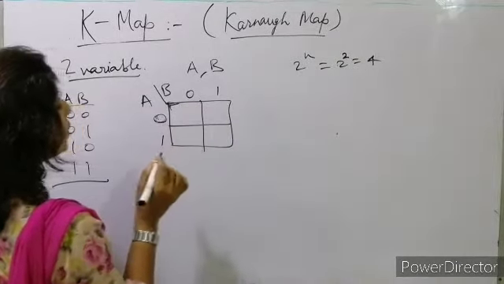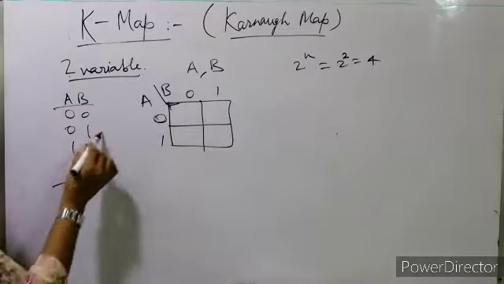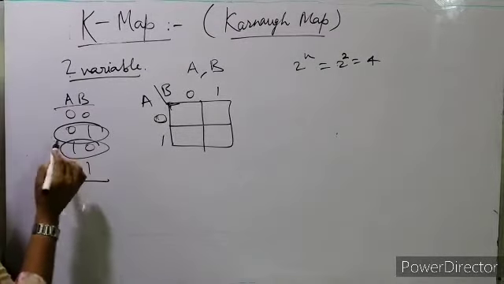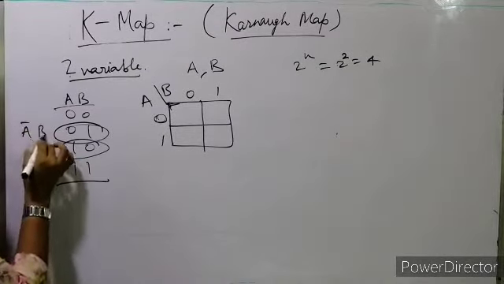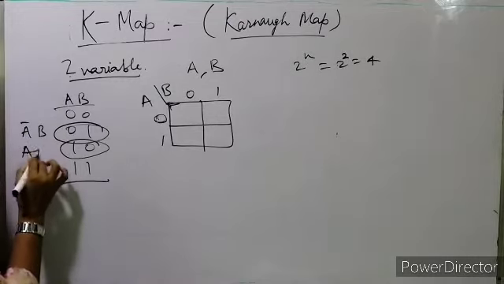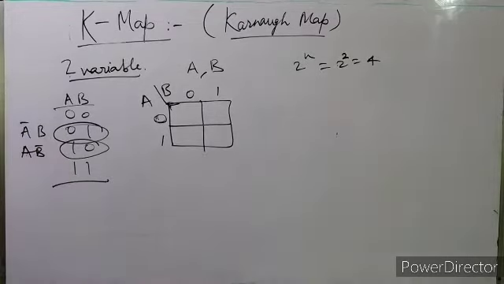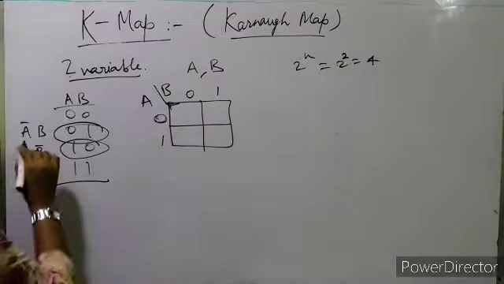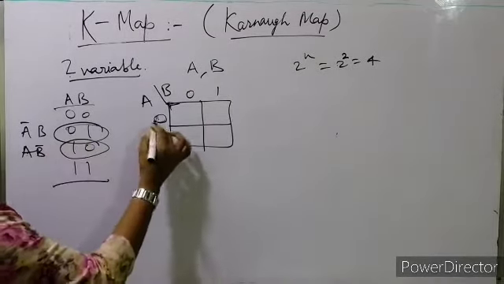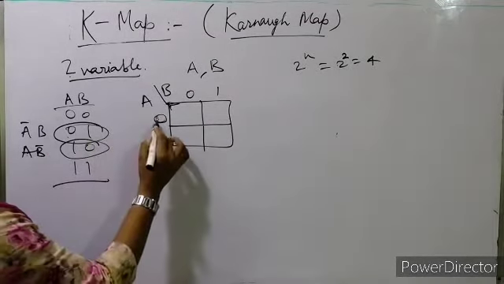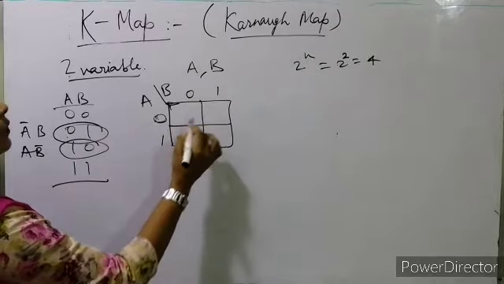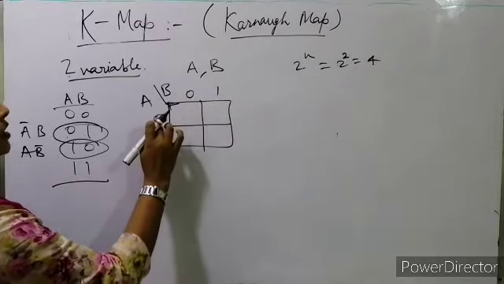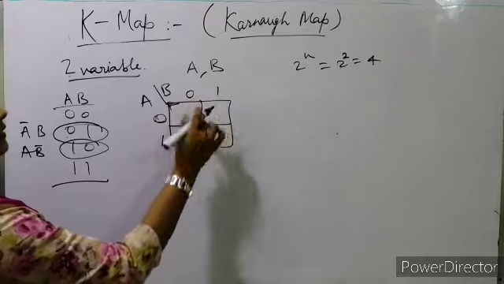If we take this one and this one, it means A bar B and A B bar. So A bar B means this is 0 0, and 0 1 will be 0, and B is 1, this one.